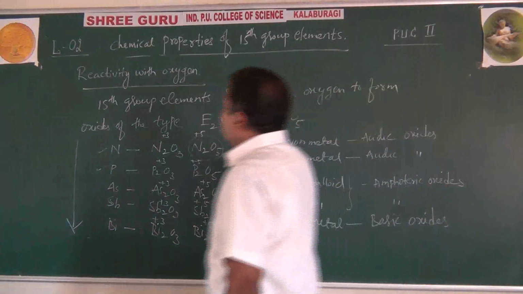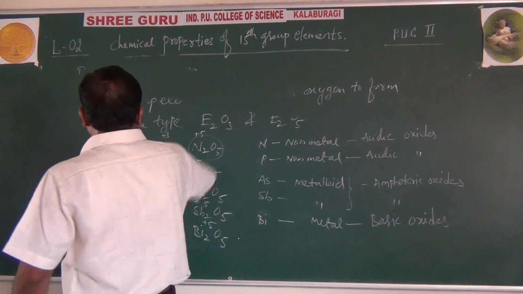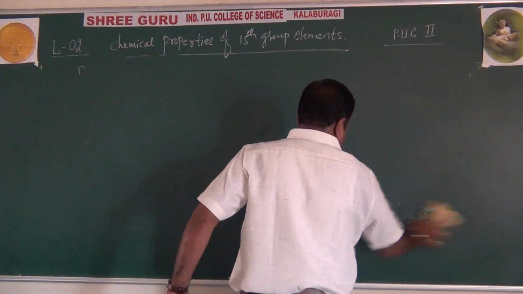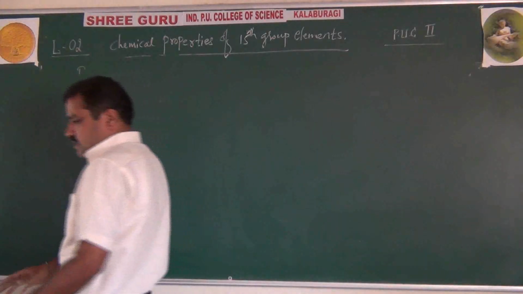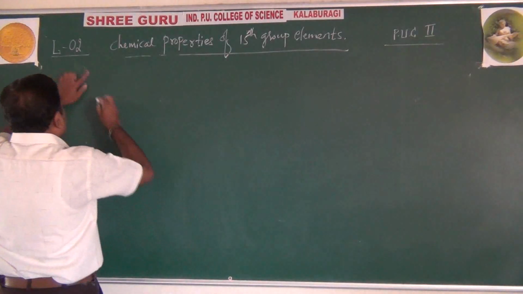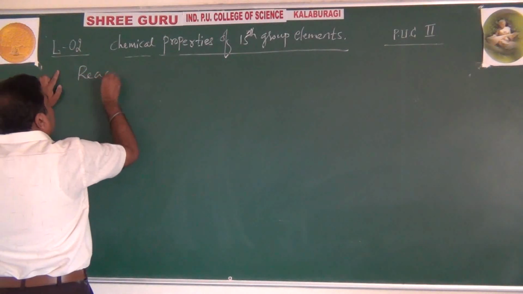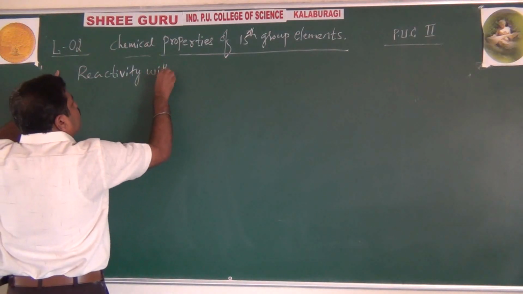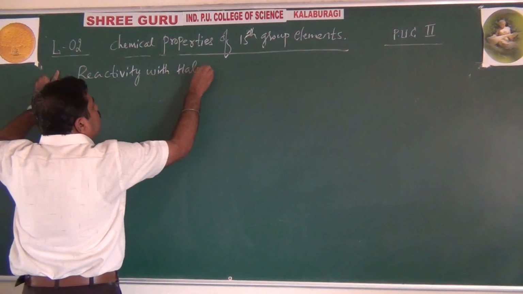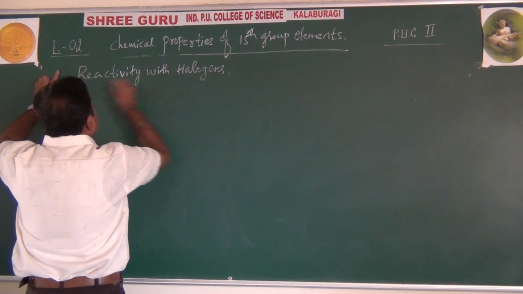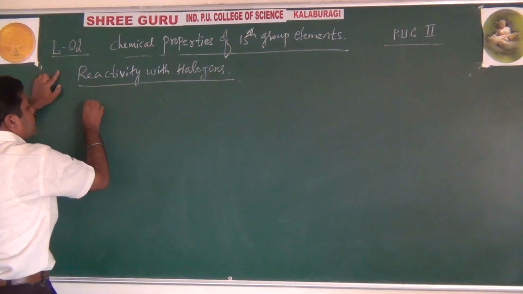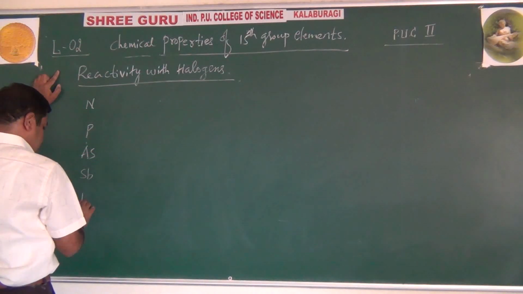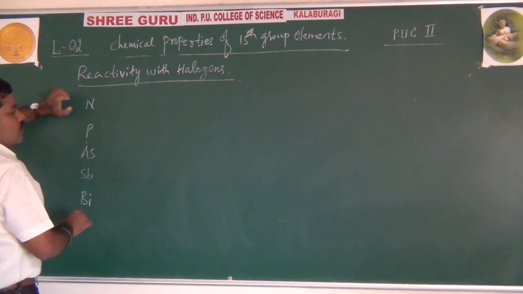Now coming to the last chemical property, reactivity with the halogens. How is reactivity with the halogens? Okay, see. Nitrogen, phosphorus, arsenic, antimony, bismuth.